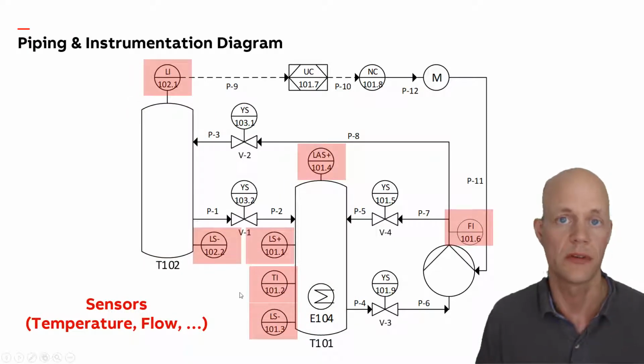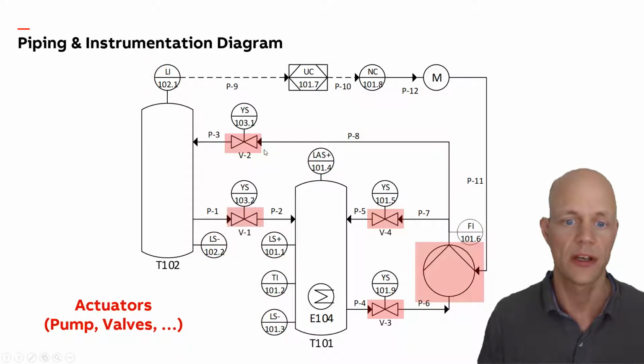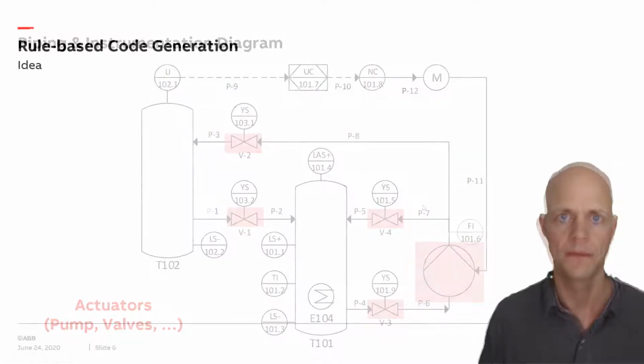They measure, for example, temperature, flow, pressure, and the level in the tanks. Then we also have actuators. The butterfly shapes are valves, and this circular shape here is the pump. This captures the automation requirements for this plant segment and can then be used to create the control logic for such a plant segment.